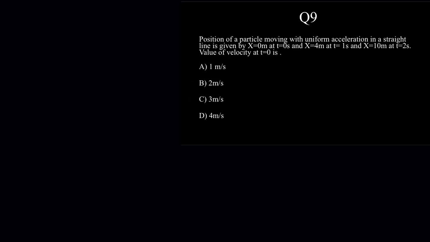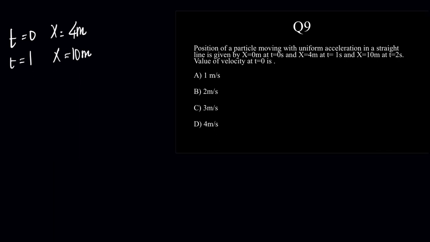So given that at t is equal to 0, x is 4 meters, t is equal to 1 seconds, x is 10 meters, and at... I'm sorry, I made a mistake here.